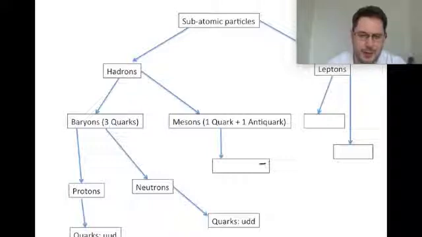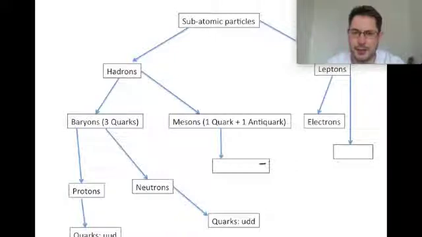So you may be saying, well, what is UUD and what is UDD? Well, these are just types of quark. Quarks come in many different, what they call flavors, but we say up, down, and strange. These are the only ones we need to know, and really we only need to know up and down at this point.